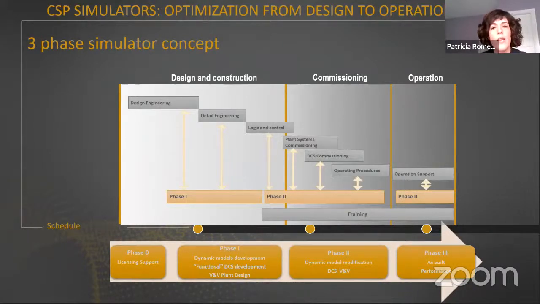And after that, once the plant is in operation, we collect the real data from the plant, and we make a review, an as-built review of the simulator in order to make it as real as the plant, to make its performance as close as the reality.